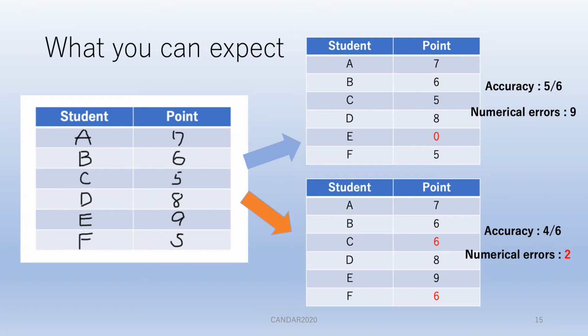Comparing these two outputs, in the above table, the output is correct 5 in 6, but the numerical error is 9. In the table below, the output is correct only 4 in 6, but the numerical error is 2. In this case, the proposed model can be expected to produce the output as shown in the table below.